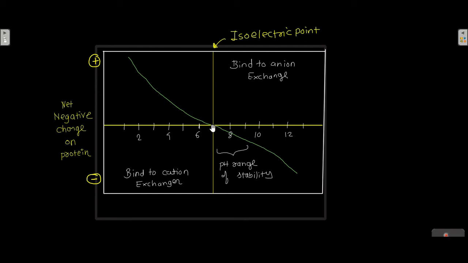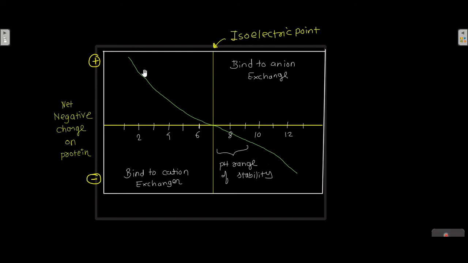Now this point, that is 7, you can consider it is between 6 and 8. This is the isoelectric point. Okay, so below the isoelectric point, that particular biomolecule has a positive charge. Okay, and above this isoelectric point, that particular biomolecule has a negative charge.